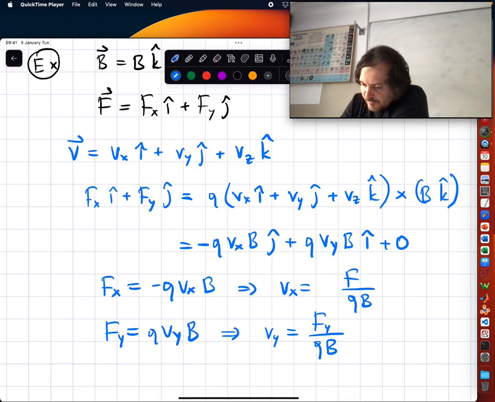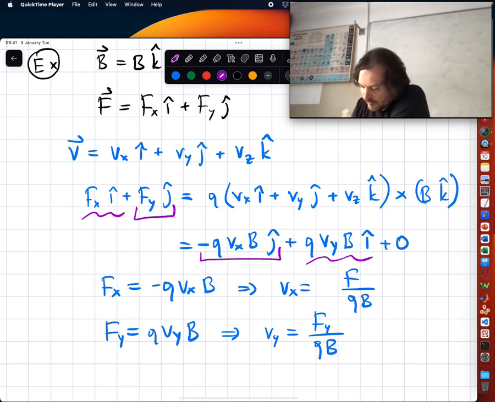So we should have matched this one with this one, and this one with this one. Only the subscripts will change for the forces. So the negative remains there, this becomes y, this becomes x.